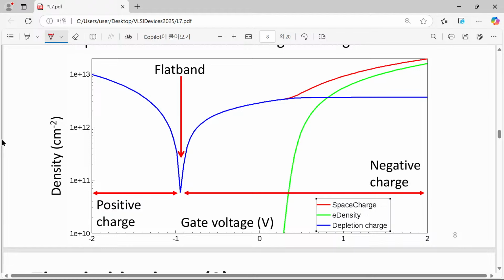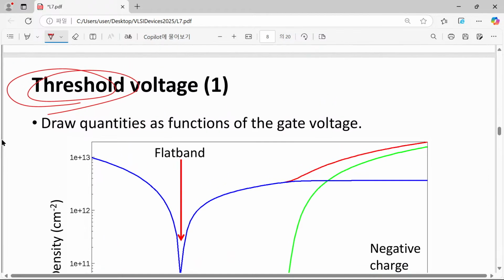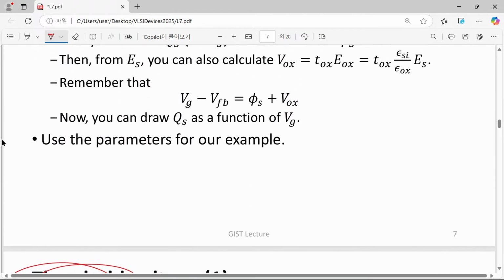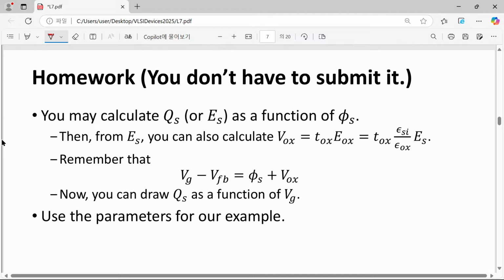Just reading it and understanding it doesn't work at all. So please do your drawing, do your calculation. This is really important. Anyway, the homework is given this way.